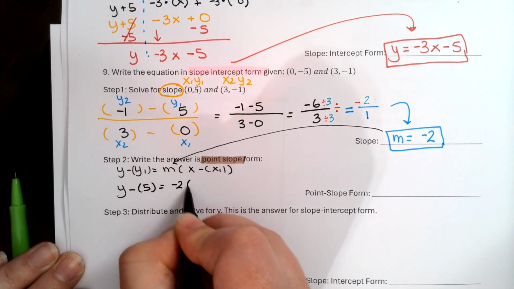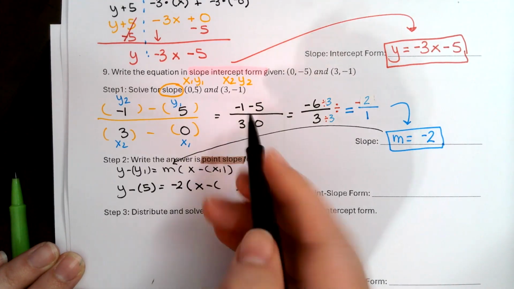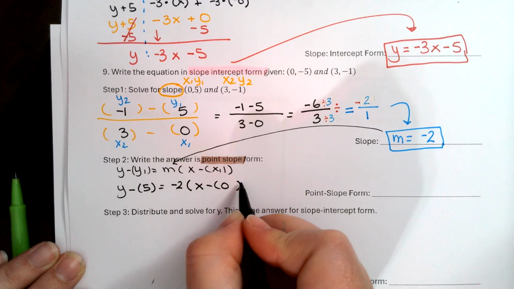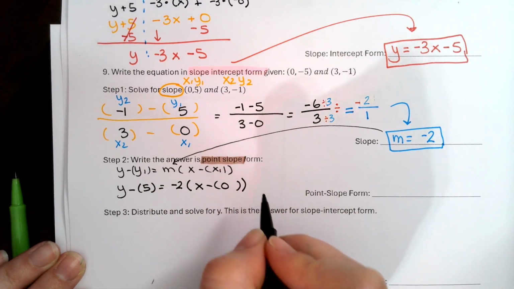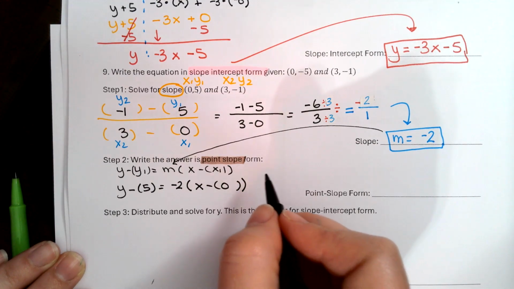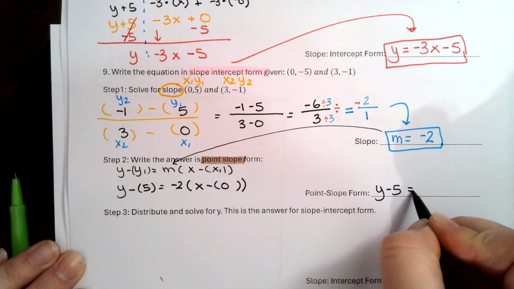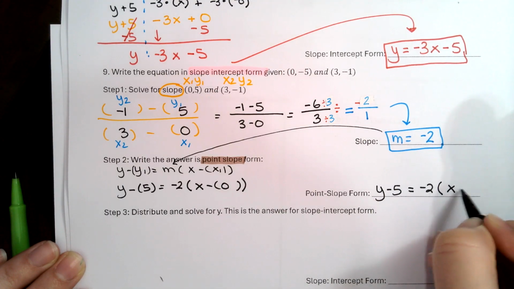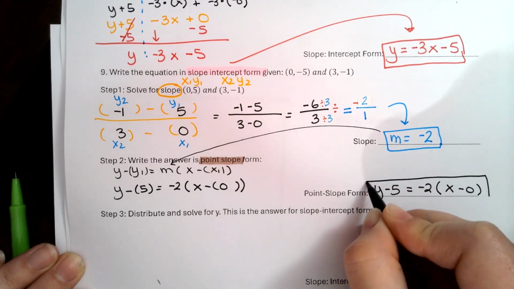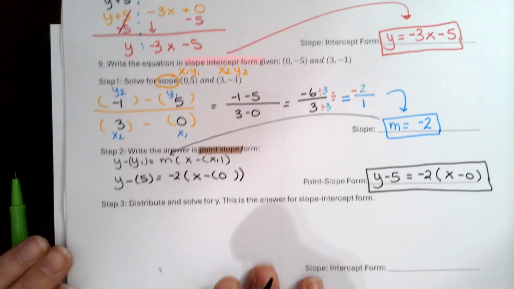M was -2. X minus x1 was 0. Oh, it looks like we did another 0. It's not always 0. Be careful. Double negatives? Nope. So we have y minus 5 is equal to -2, open x minus 0. Close it. Again, it's not always 0. Please be careful on that.